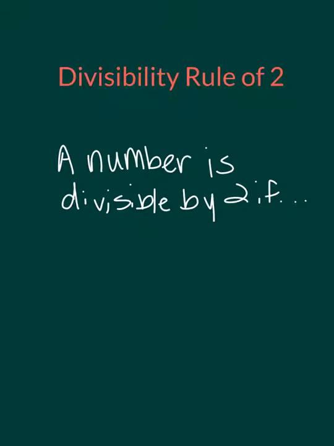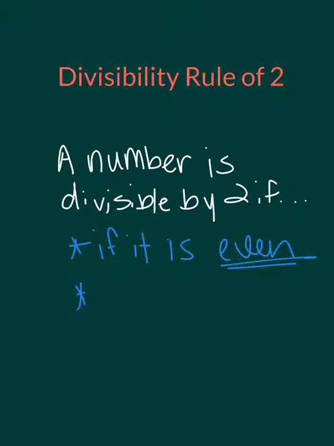So we're going to talk about there are 3 ways of knowing whether or not a number is divisible by 2. The first way is to know if it is even. So if the number is even, it is divisible by 2. Now what does it mean if a number is even?